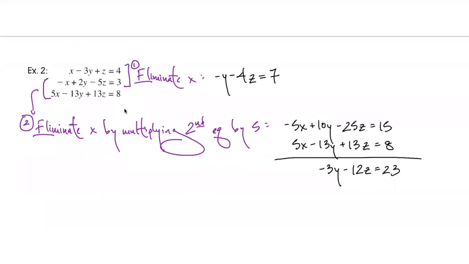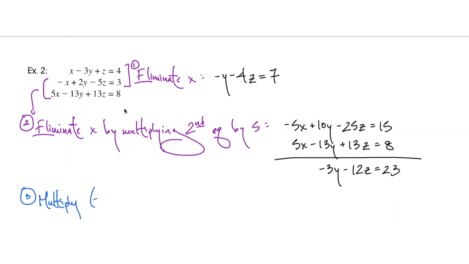Okay, cool. So we've got two equations now that only have y and z. Great. What do we do with those? What I did was I took the top one, multiplied everything by 3, and then subtracted those two equations.